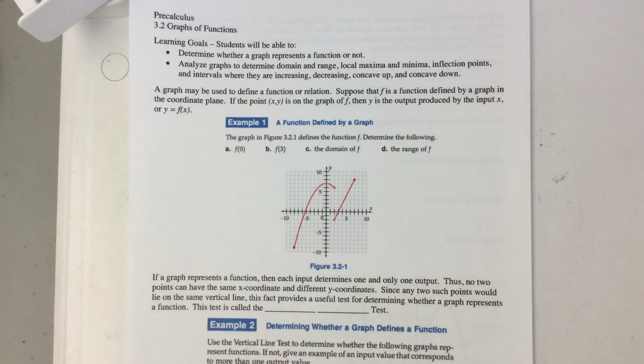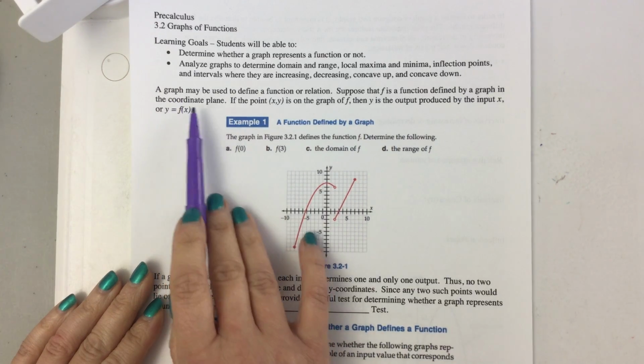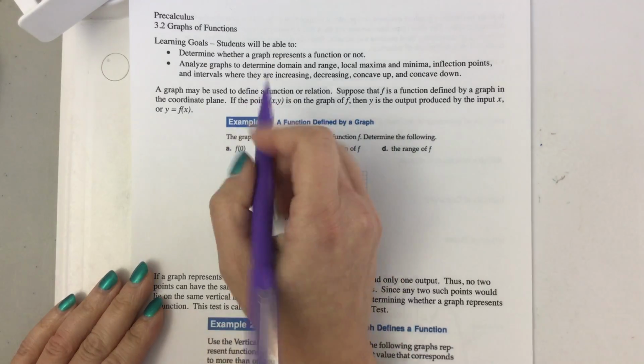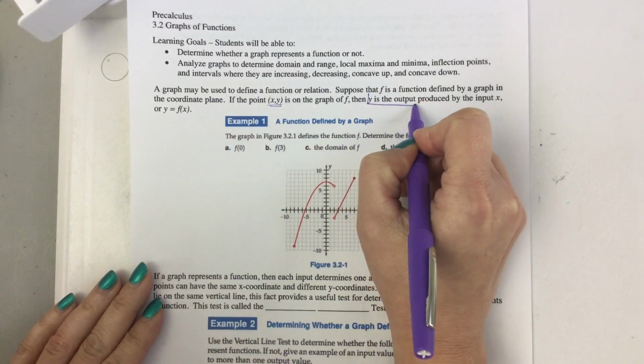Okay, now I know sometimes when you read text from a math book, and that's what that just was, it can be a little bit confusing. So let me just go ahead and break this down. What's going to happen is we are going to have a graph within a coordinate plane. Now if you have a point x, y, remember, y is called the output.